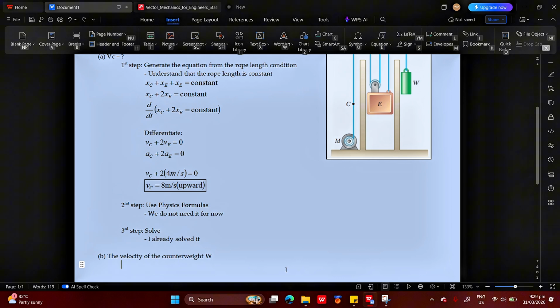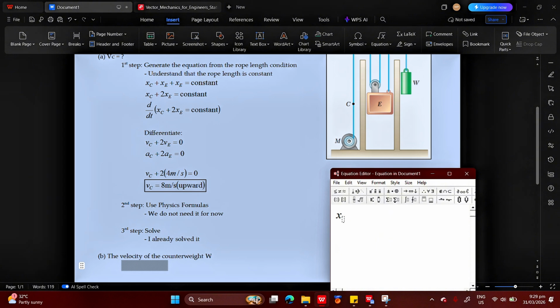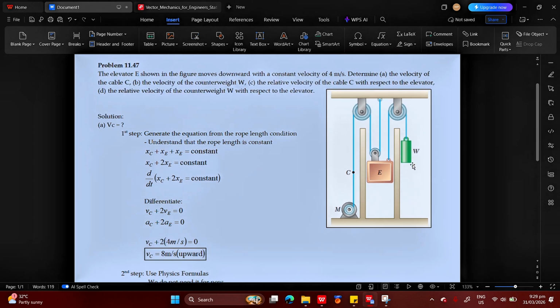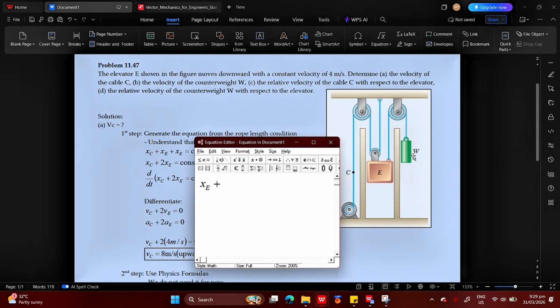So since it is the cause of its changing in length, we will call the distance of particle E through the rope, the first sub-rope, XE again. Then plus, because we are actually summing up the rope length except the constant length of the pulley. Okay, and then the gaps, we do not care about those. So after that, we will add the x sub w. Why w?